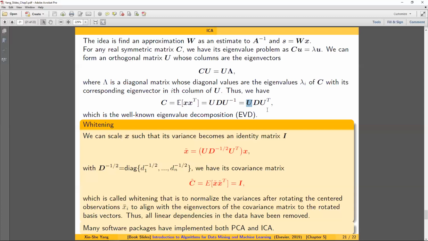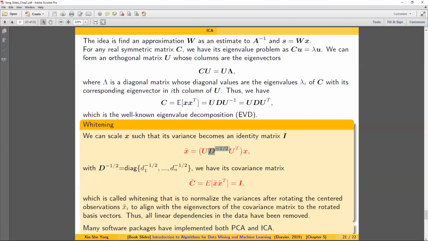One special case is that we are able to scale X so that its variance becomes the identity matrix. Instead of D, we use D to the negative one half to achieve the fact that its variance becomes the identity matrix.